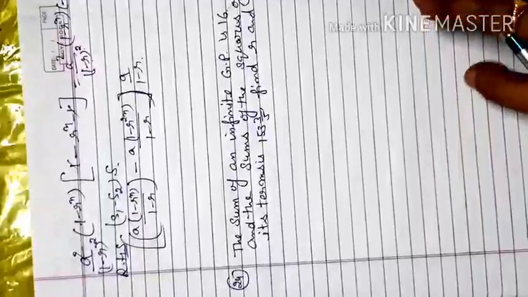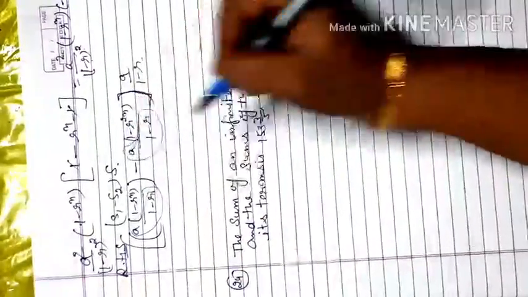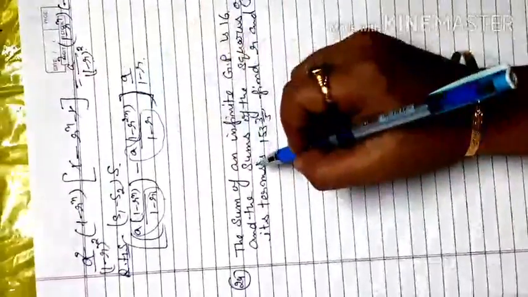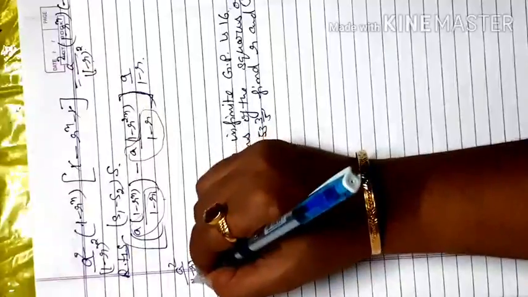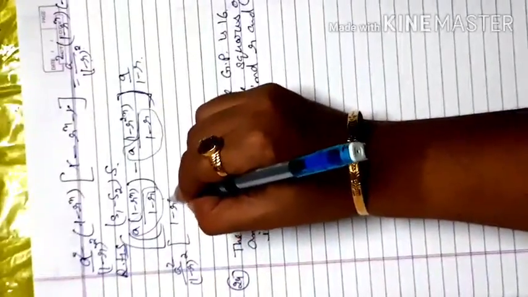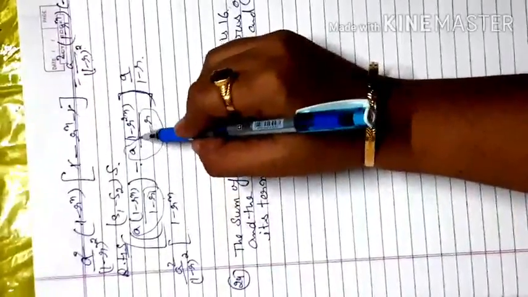If you look at this again, a upon 1 minus r is common, so we take it out. So that becomes a square upon (1 minus r) whole square. Now what is left in the bracket? 1 minus r^n, and minus is outside, and 1 minus r^2n.